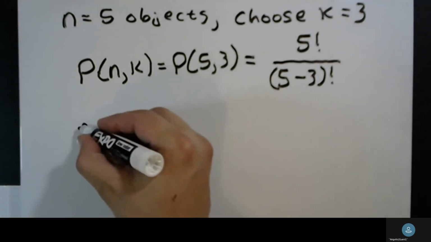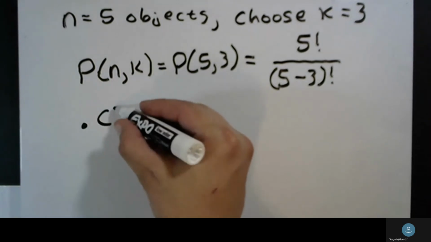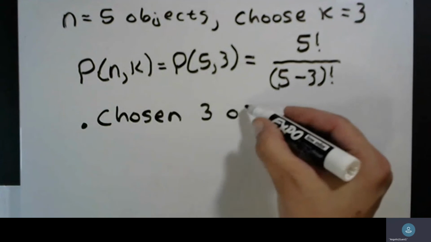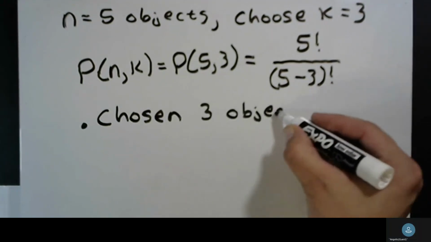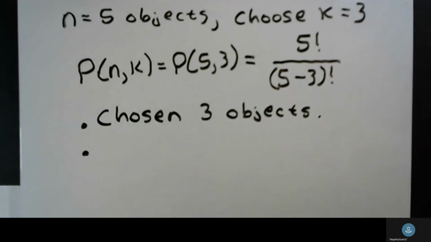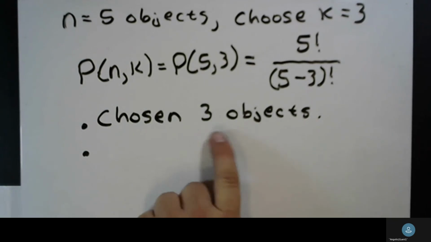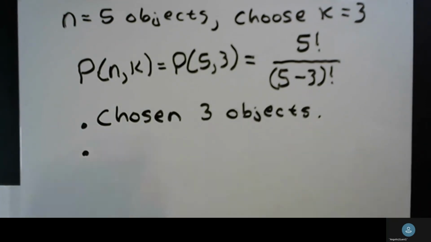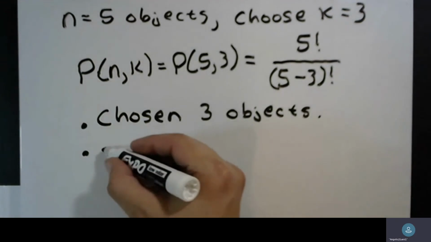So what we've done is we've chosen three objects. Now what we want to do is this. Every arrangement of these three particular objects we've chosen, now that we're talking about combinations, we're going to consider the same type of combination or arrangement.